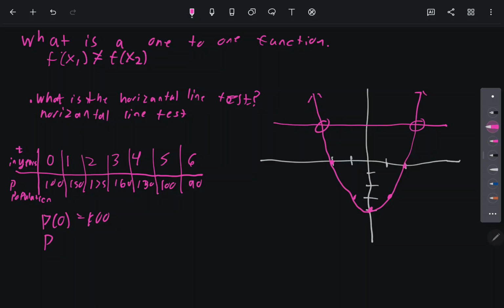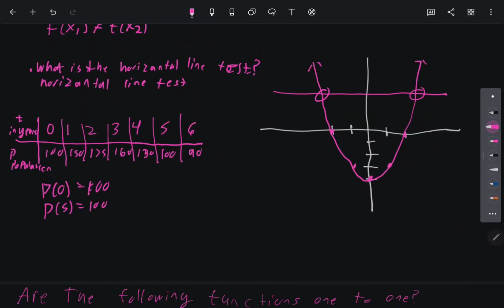And population at 5 is equal to 100. So no, this function here is not invertible, or does not have an inverse.